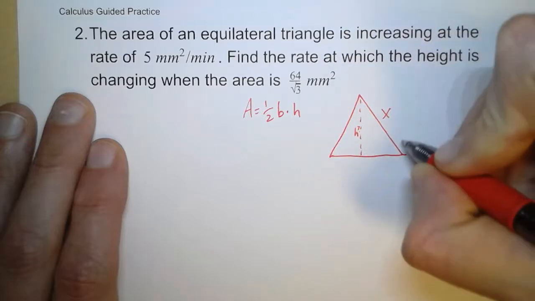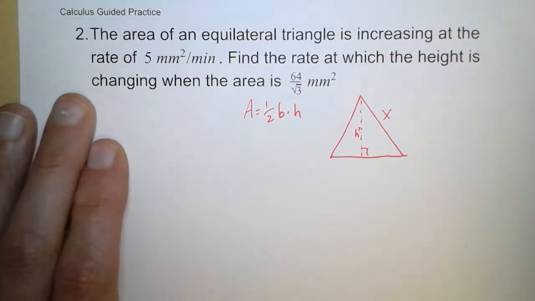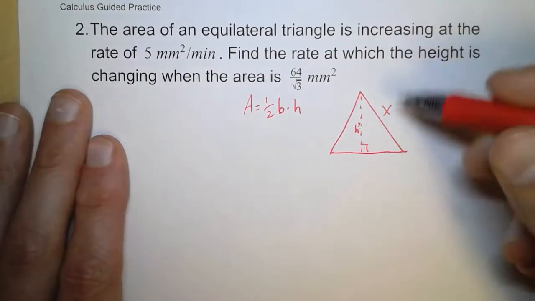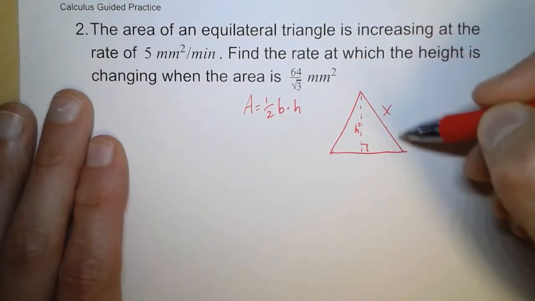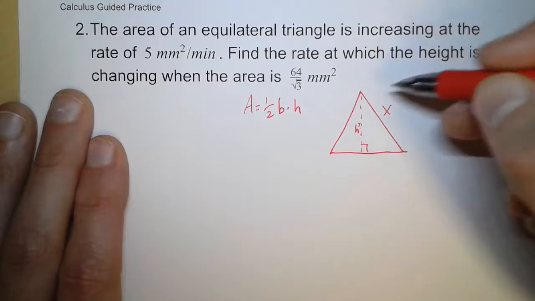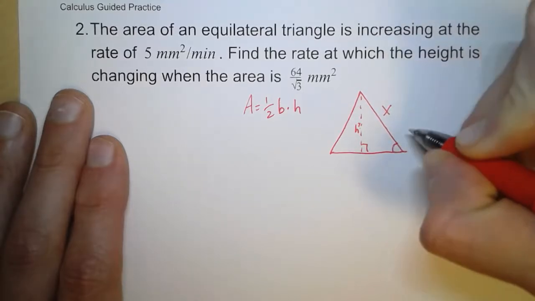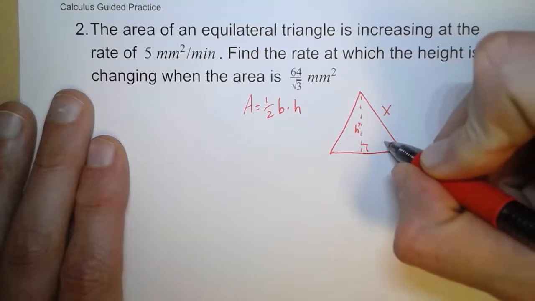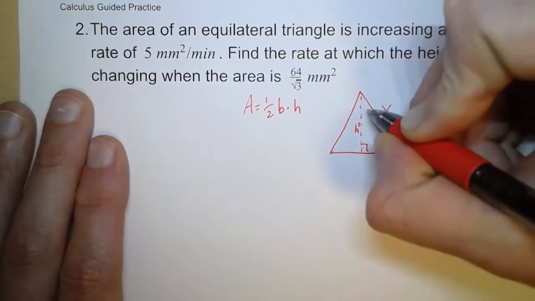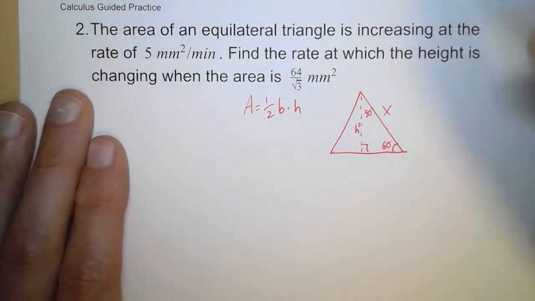That's the question. Well, the thing to keep in mind is that in an equilateral triangle, if we draw down the height, that makes a right angle. And so we've got a little right triangle here. And we know that because all the sides are equal, the angles are equal also. So this angle is 60 degrees, which means this is 30 degrees.